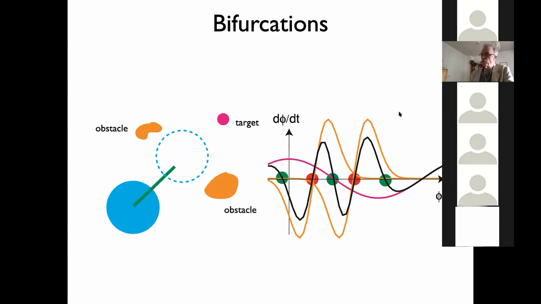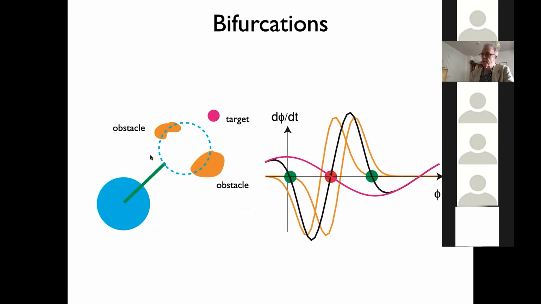If you move these 2 obstacles in, now they start to violate each other. Now, if you move in there, you would have collision. And so what we have arranged in parametrizing these functions is that this is when a bifurcation occurs. I'll look at that in a moment. So now when these 2 obstacle contributions are pushed toward each other, they overlap so much that they build a rather steep sum here, the black line, that is steeper than the red line.